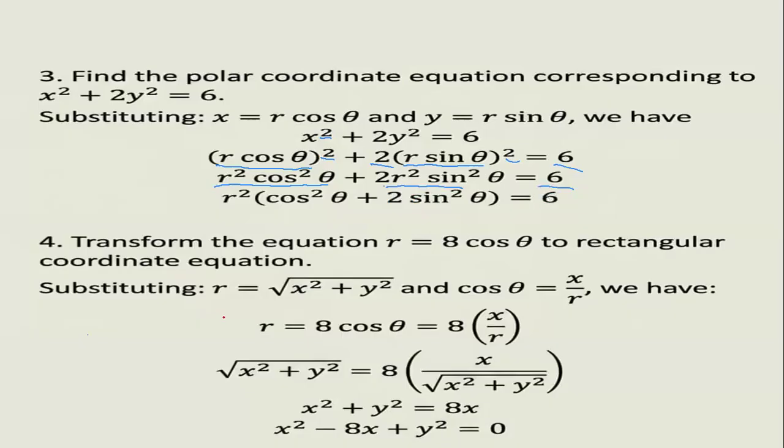Since we have r squared in common, we factorize that. We take that outside, and we're left with cos squared theta plus 2 sine squared theta, equal to 6. That is how we find the polar coordinate equation.